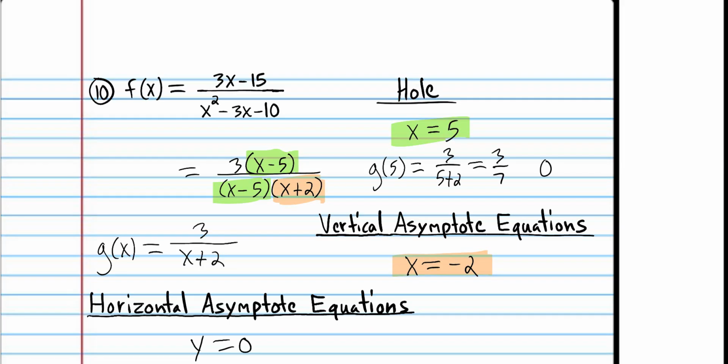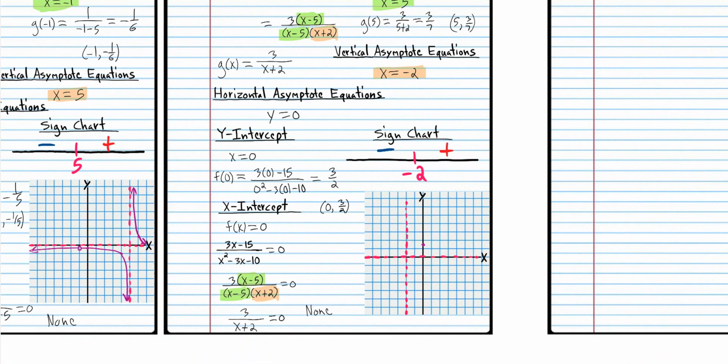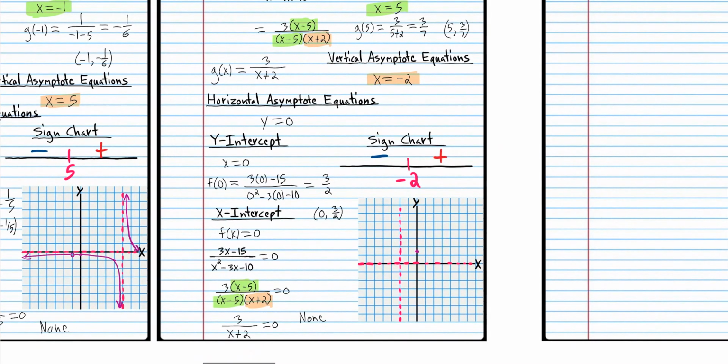So 5 comma 3 over 7, that's the location of the hole. But again, it's not really useful information until we use this expression to graph.